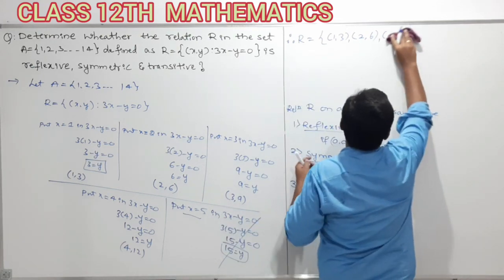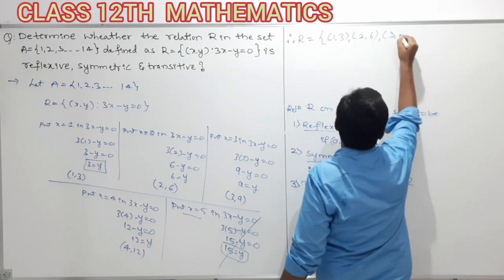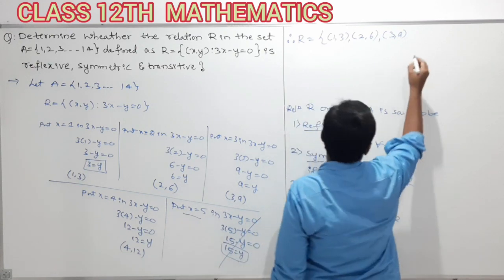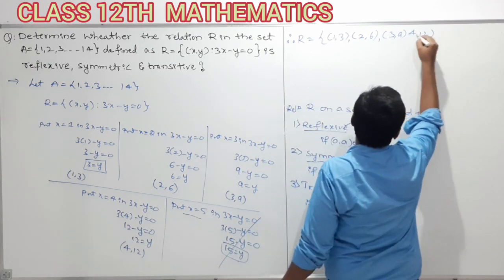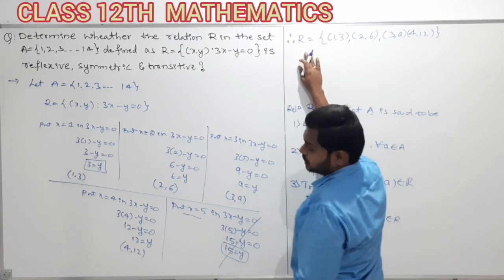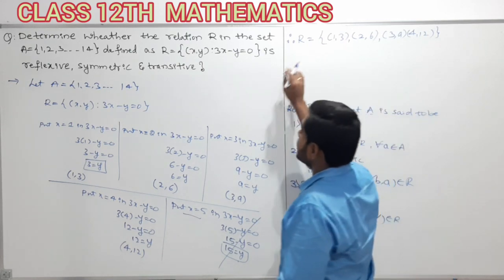So these are the only ordered pairs which satisfy the given equation. So this is your relation R, my dear students. So what are the elements in the relation R?